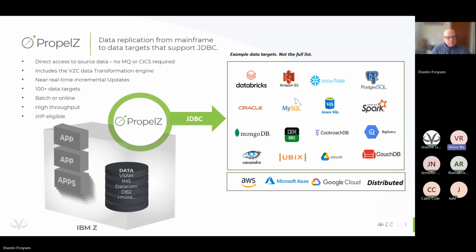So we also give you a way of doing that type of incremental processing. And what we can do is look at the input data that we're working with and understand which of those records have been updated, inserted, deleted, whatever changes have occurred, and then reflect just the changes to the target.